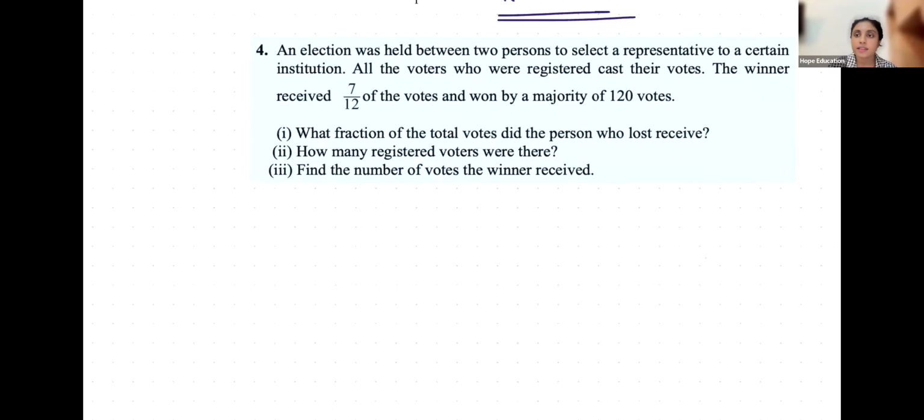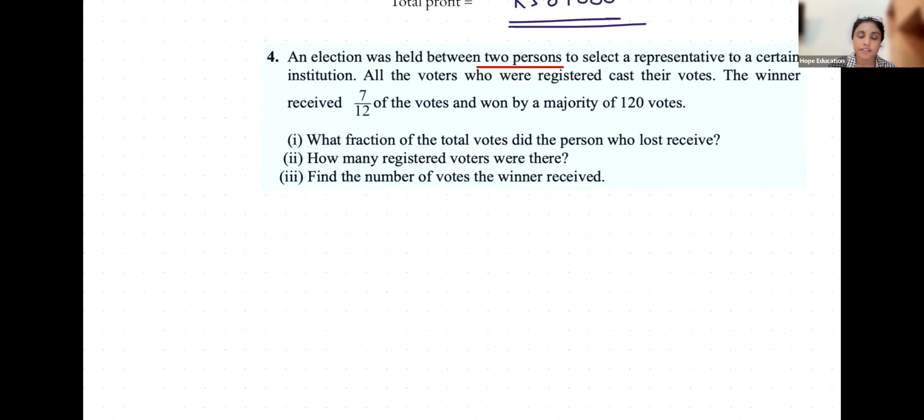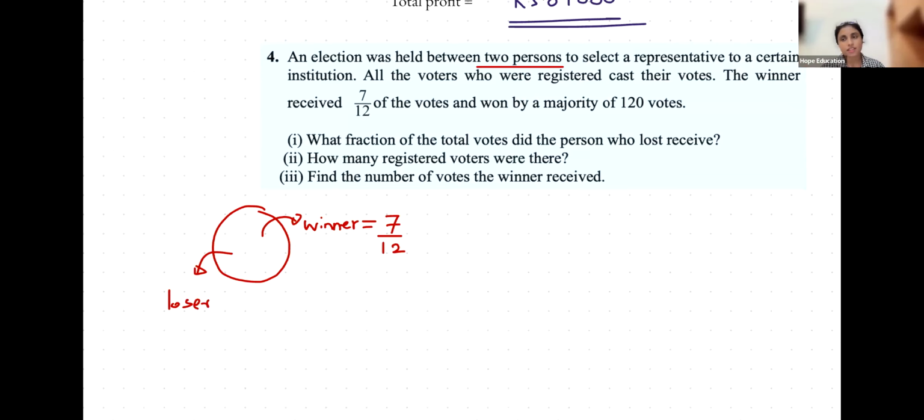There are only two people here. If one is the winner, the other is definitely the loser. So the winner got 7/12. Then there's a loser. I think it is the person who didn't win. That is technically the loser, so I will write loser, but don't say loser in your answer. That's not very nice, no?